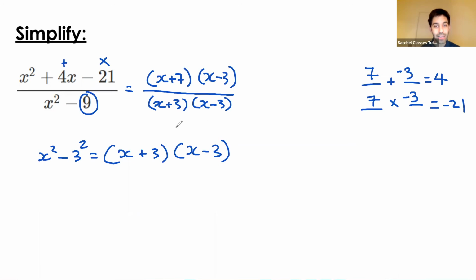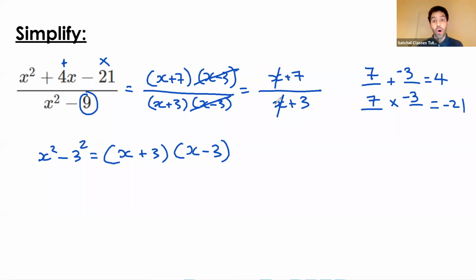Once again, we need to cancel down the factors. So x minus 3 and x minus 3 are factors. Therefore, what we'll end up with is x plus 7 over x plus 3. Once again, don't get tempted to cancel these x's out. We are simply adding them to the numerator and the denominator.